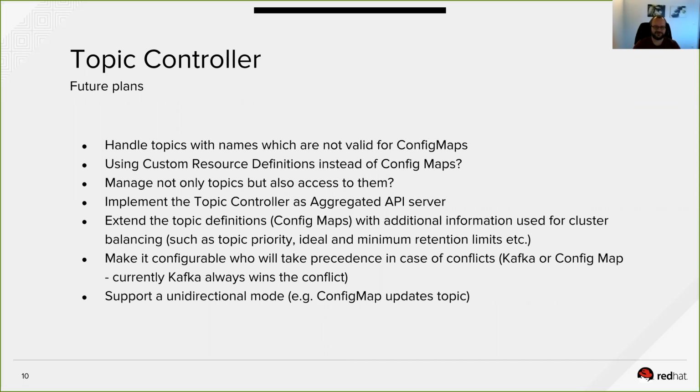One of the challenges is that the names of the Kafka topics use different syntax restrictions than the Kubernetes resources. So it's not always easy to map these against each other, but that's what we need to deal with. We also want to use some aggregated API server and other things to make it work a bit better.